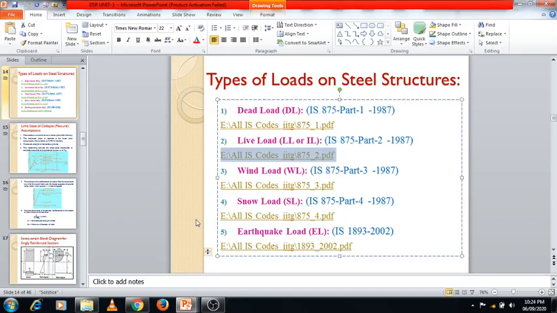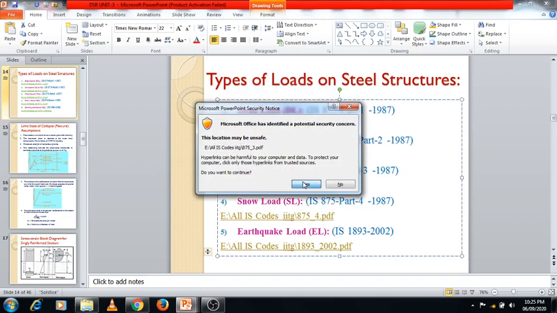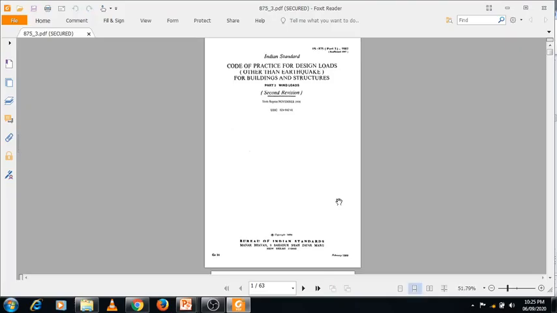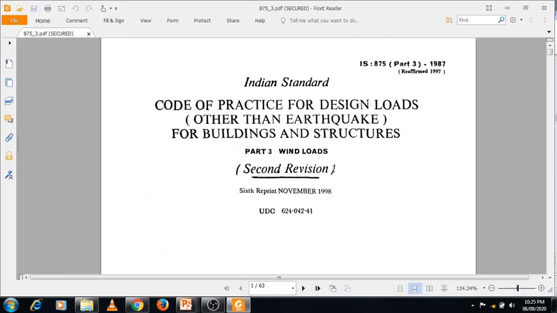Okay, next is the wind load. For that purpose we are referring to IS 875 Part 3, 1987. So let us see IS 875 Part 3 for wind load. Here we can see the IS code, that is Part 3, wind load.